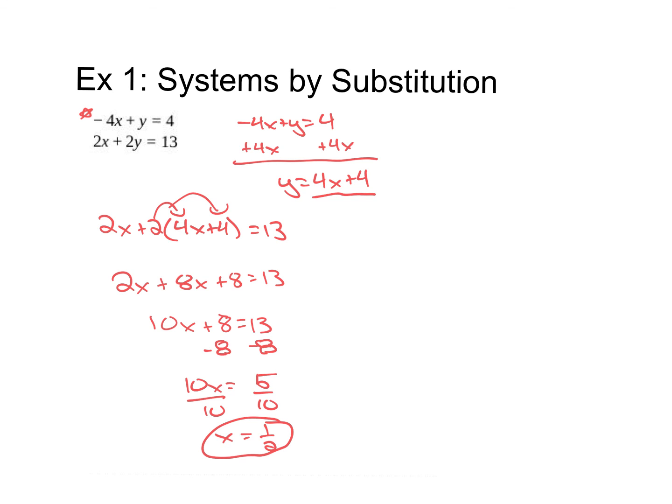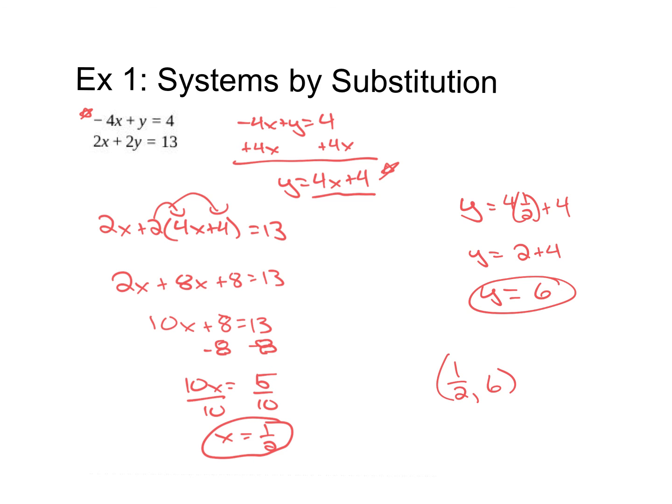Okay, not too bad of a fraction. And if we go back to plug in, looks like if we replace into the one we kind of rearranged, it's going to be easy. What's 4 times 1/2, or what's 1/2 of 4, which is going to make y equals 6. So our answer is 1/2 and 6. All right. And that's it for today.